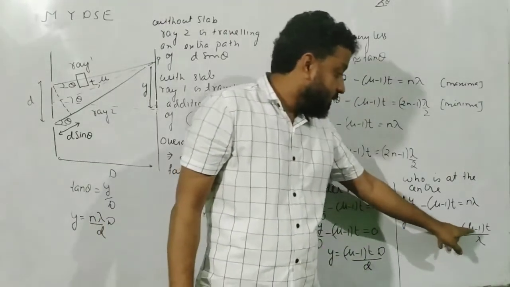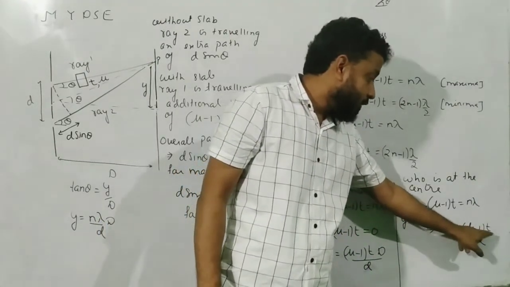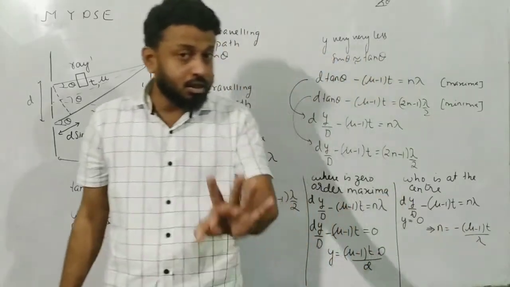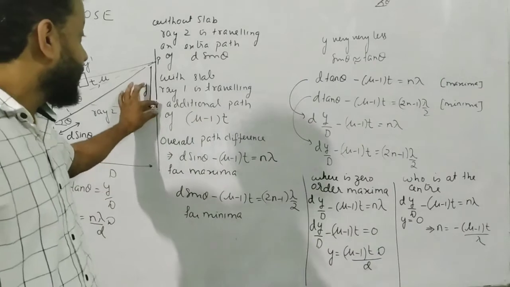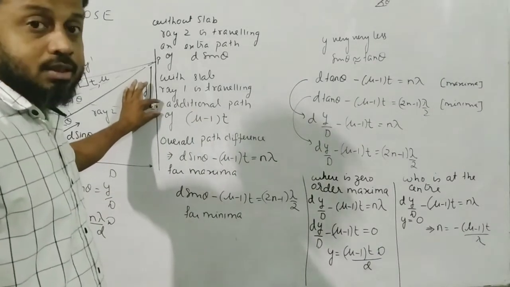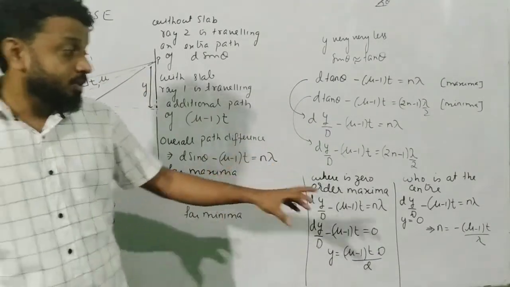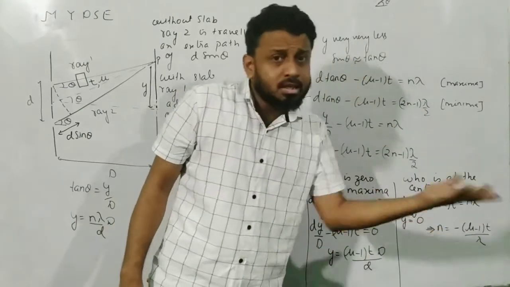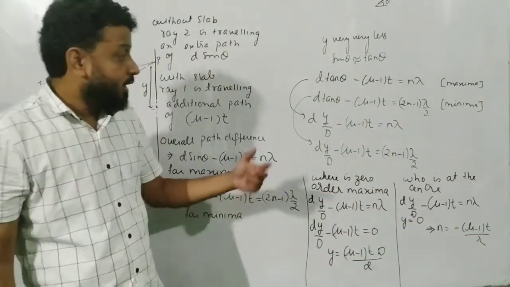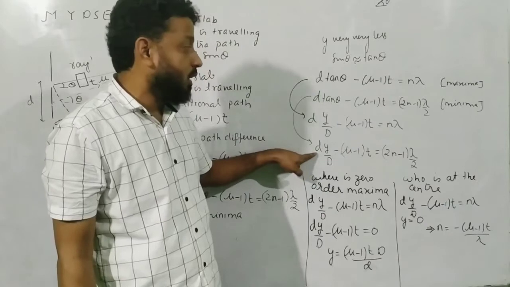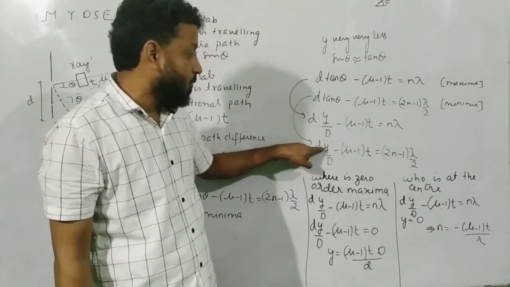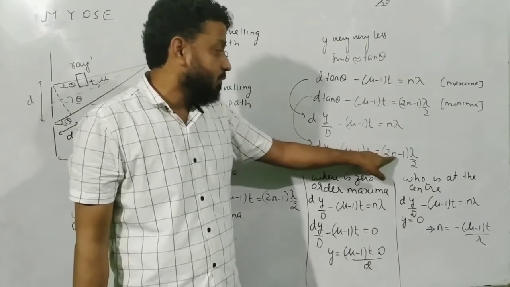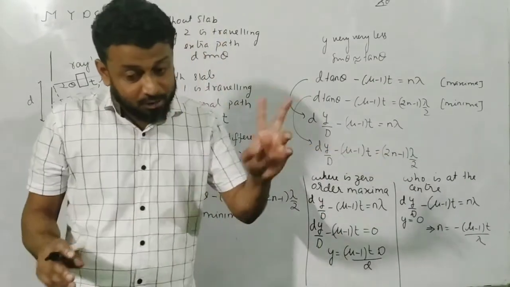The catch is this: if you get the value of (mu minus 1) into t by lambda as an integer, then only you can say that some negative order bright fringe has occupied the center point of the screen. But what if this term is not an integer? That means there is some dark fringe occupying it. So in that case you have to go to this formula now, and in this formula you are going to put the value of y as 0, and then you will find the value of n. So keep these two things clear.